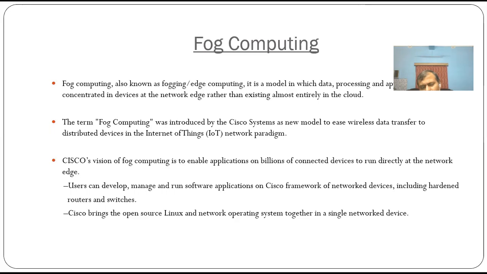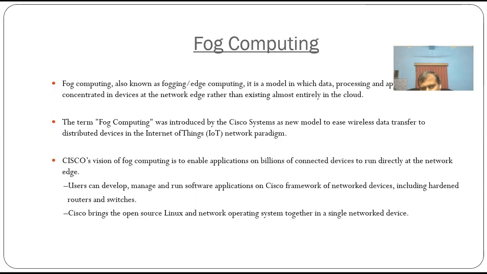Fog computing is also known as edge computing, and it's a particular model in which data processing and applications are concentrated in some devices which are situated at the network edge rather than almost entirely in the cloud. So basically, what is happening here? Fog computing is making the task of cloud computing somewhat easier by offloading a major part into its own devices.